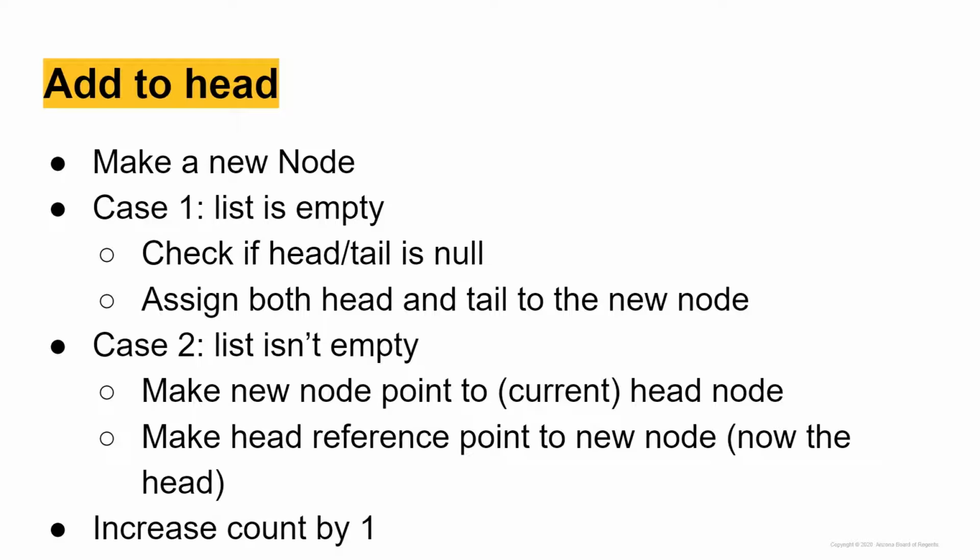So then we take the head reference and make it refer to the new node, which now becomes the head of the list. That's what we wanted, because we're trying to add a node at the head. And then, as always, when you add a node to a list in any way, you increase the count by 1.